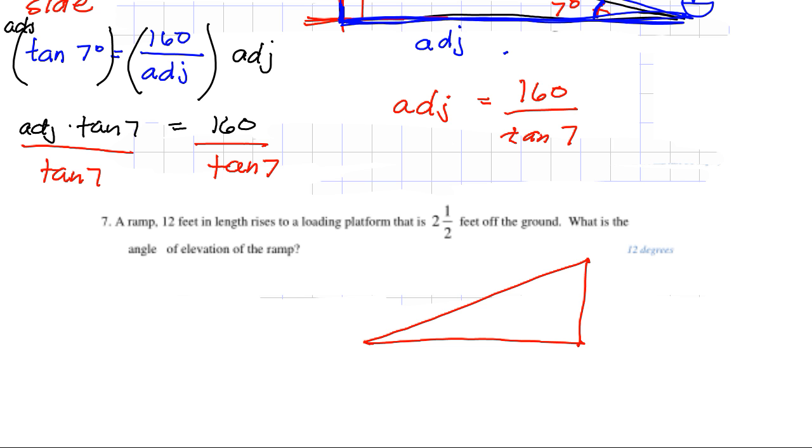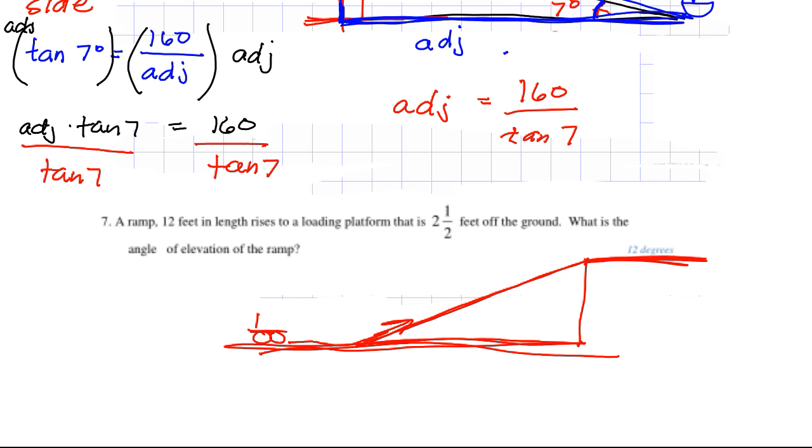Again, here's the ground. Okay, so if that's the ground, and I've got a cart that I want to get up onto a platform, that's the ramp. The cart can go up the ramp, and once it gets to the top, of course, it's up to where the loading platform is.